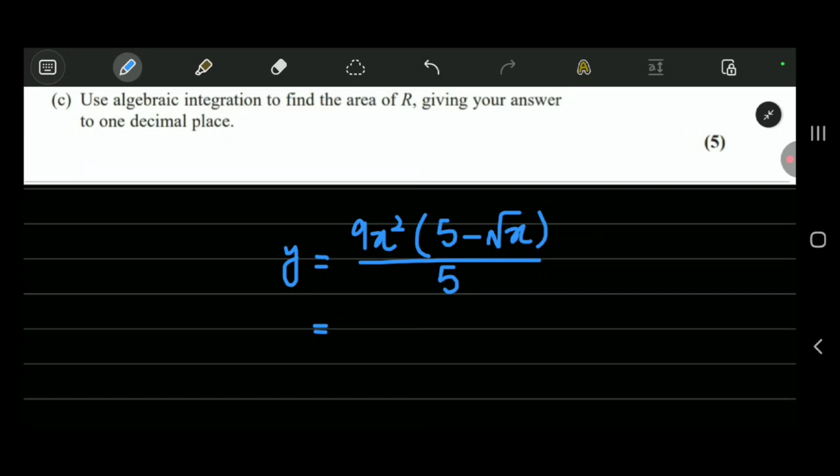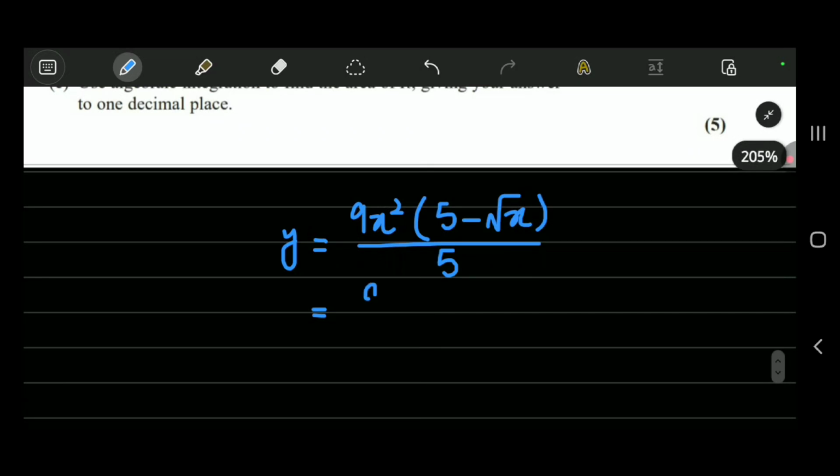So let's first try and simplify it a bit so we would be able to differentiate it.